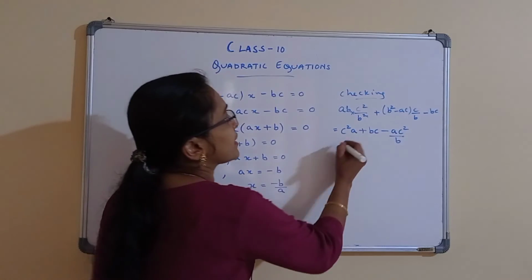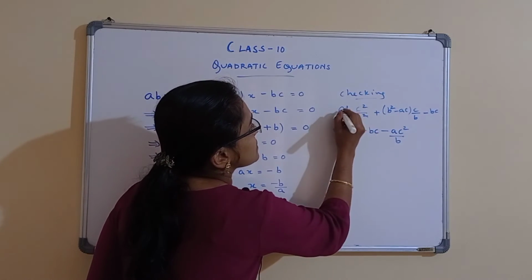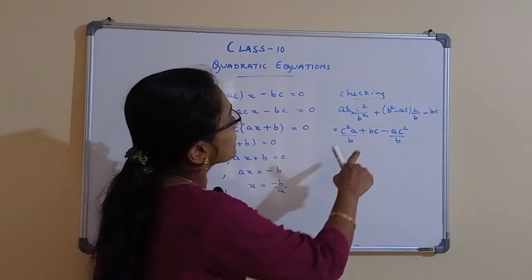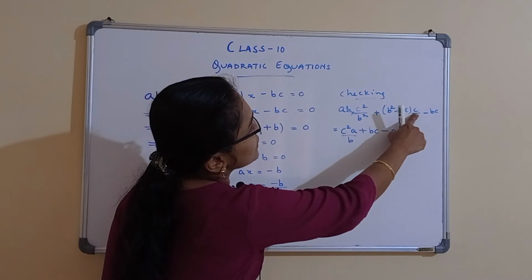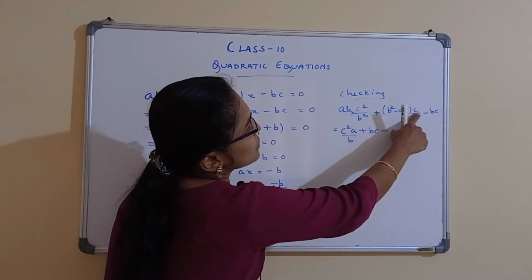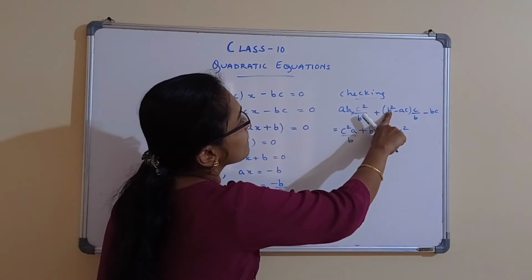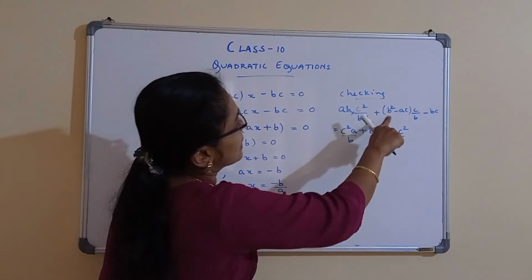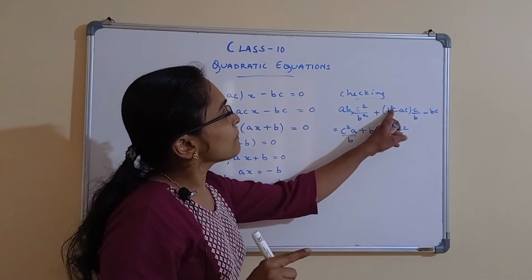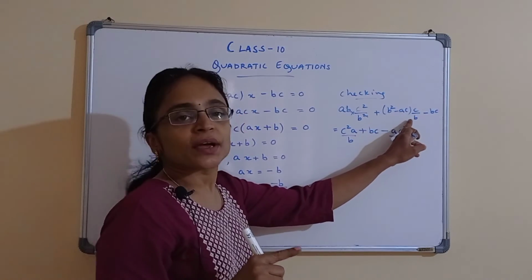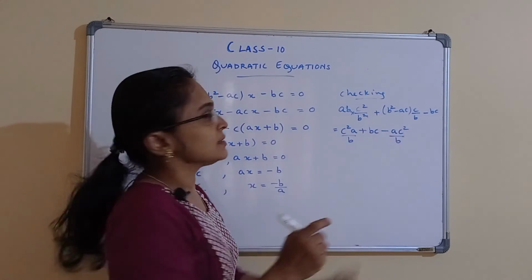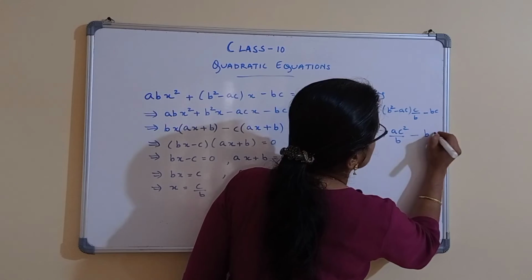This is c square a by b. Okay, c square a by b plus b square into c by b. b square into c by b is nothing but bc, because one b will get cancelled. Then minus ac square by b. Then minus bc.